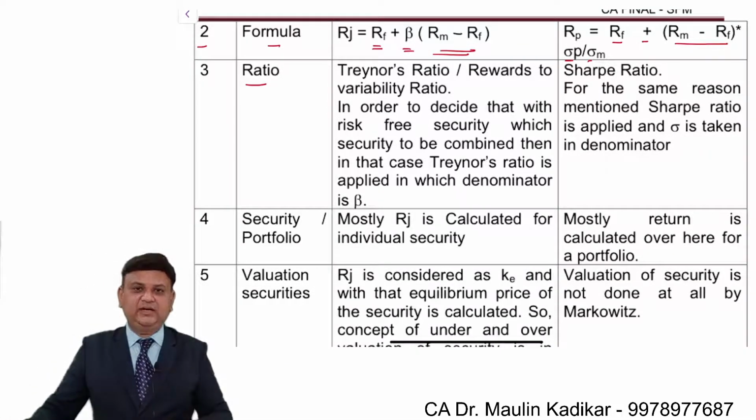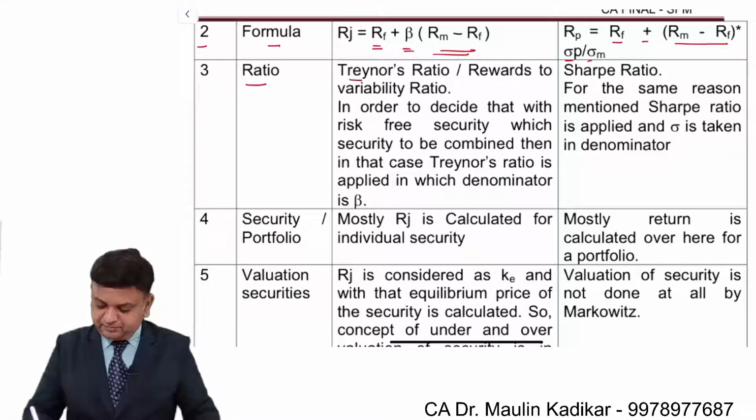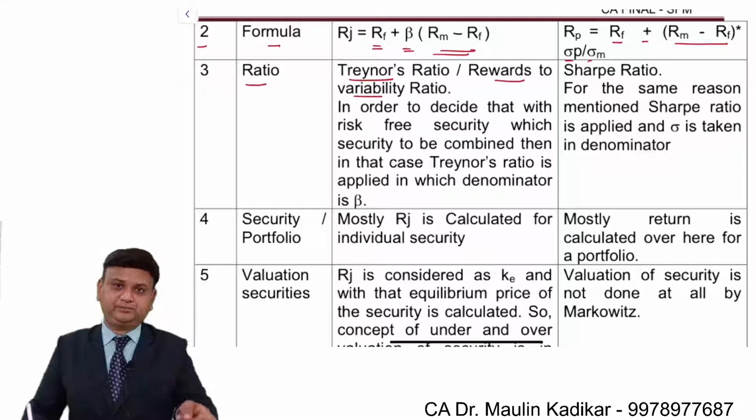Next is the ratio. In order to decide which security should be combined with the risk-free security, CAPM uses Treynor's ratio, which is also given the name reward to variability ratio.